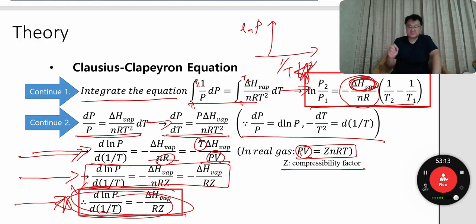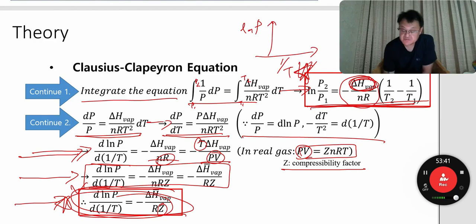Of course, here you don't take the compressibility factor into account for the real gas. But without the compressibility factor, you can basically say that this equation is valid for n moles.